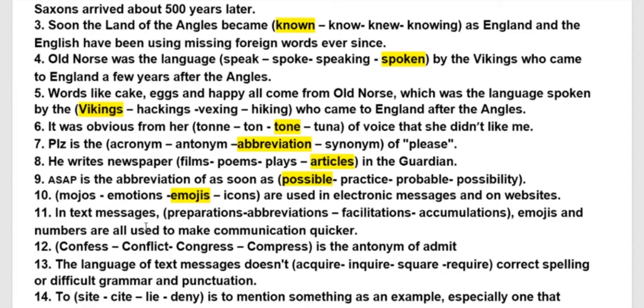As in text messages here, abbreviations, okay, and images and numbers are all used to make communication quicker. Preparations, right, to be ready to do something. Preparation, readiness. Facilitations here, something that helps you to do something. Okay, accumulation means to get bigger or to get growth.